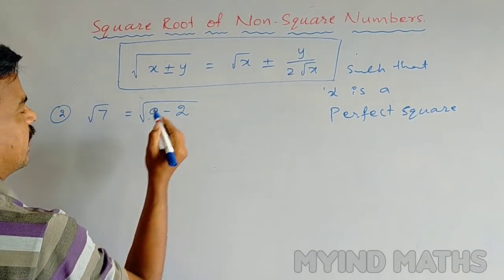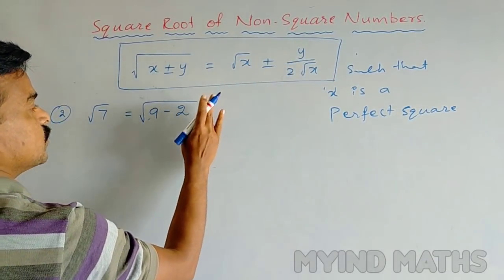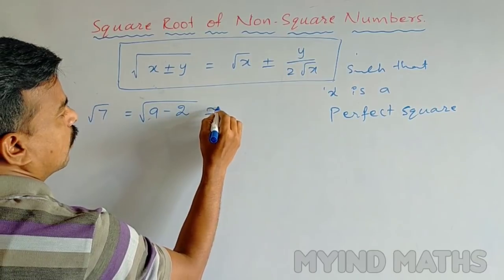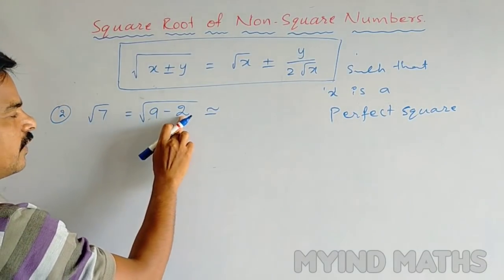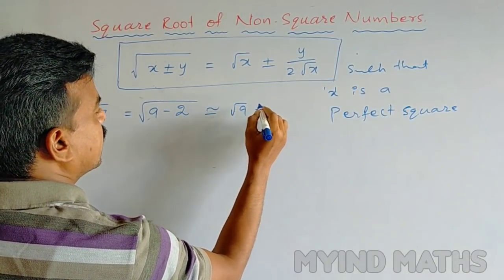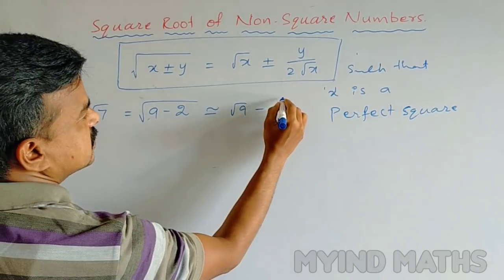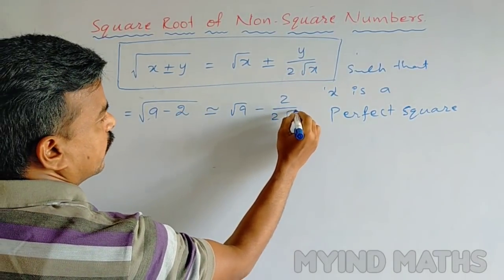Write the square root as it is, and use the formula. It is approximately equal to root x minus y by 2 root x, where x is 9 and y is 2. That is square root of 9 minus 2 by 2 into square root of 9.